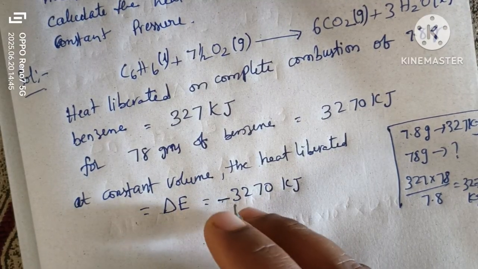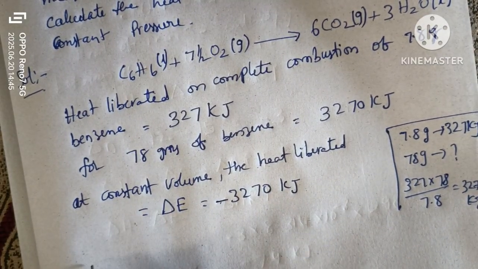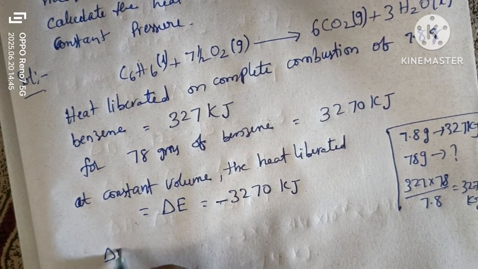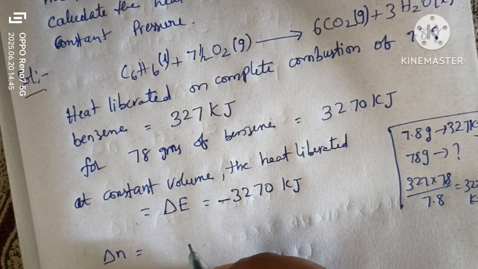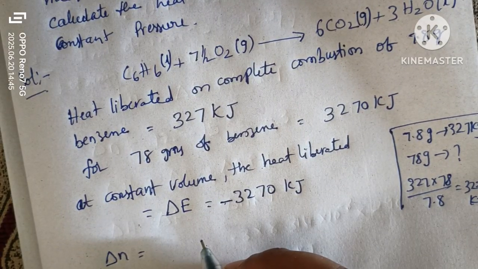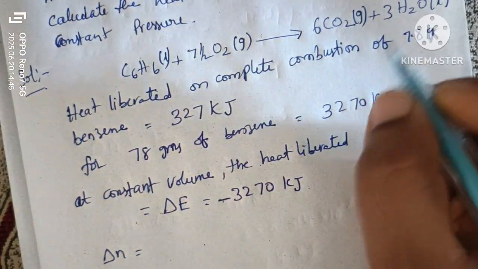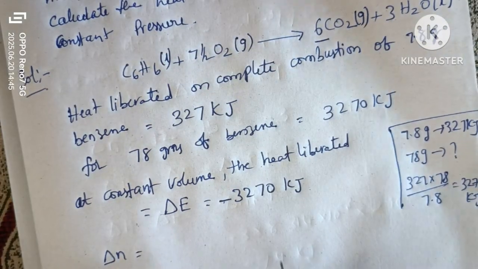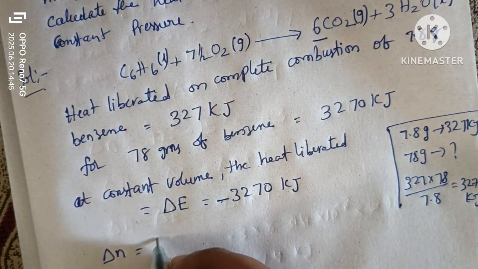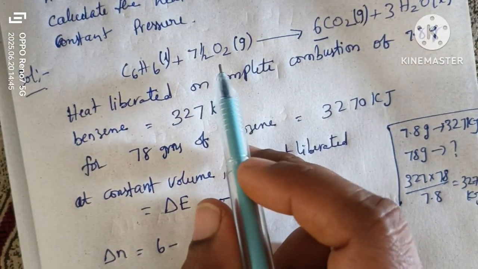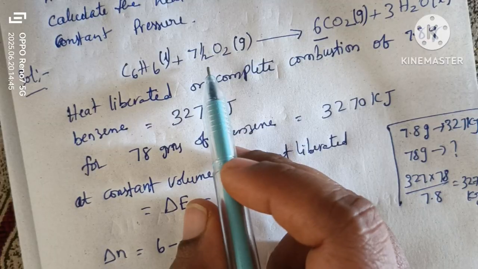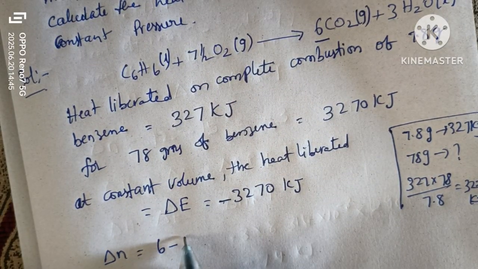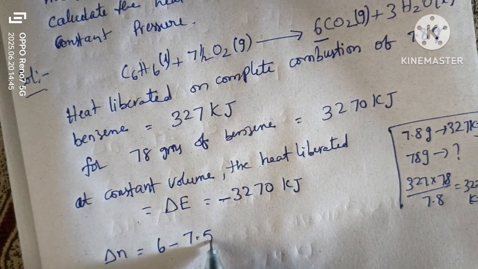Okay, so we know the delta N value from the above equation. So what is delta N value? That is nothing but the moles of gaseous substances of product minus the moles of gaseous substances of the reactant. 6 minus 7 1/2, 7 1/2 should be taken as 7.5.